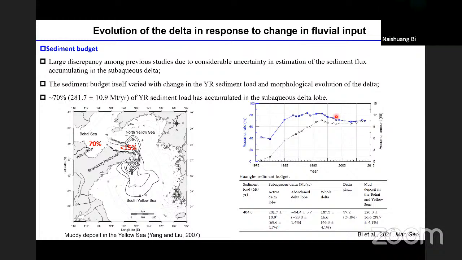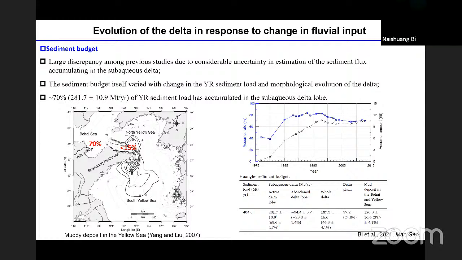So we used our data of erosion and deposition volume in the Yellow River Delta to assess a new sediment budget of the Yellow River sediment in the East China Seas.